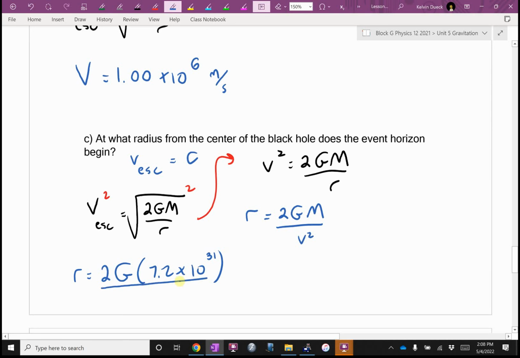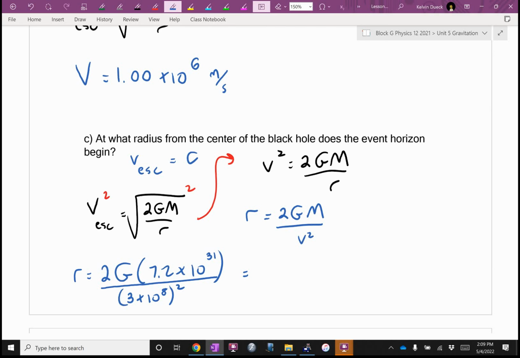Divided by the speed of light, and in this case, it's squared. If we wanted to define the size of this black hole, it's a little awkward to talk about sizes of black holes, so we use terms like Schwarzschild radius or event horizon. You saw from the video we watched yesterday that a black hole is way more complicated than you realize, but cooler.